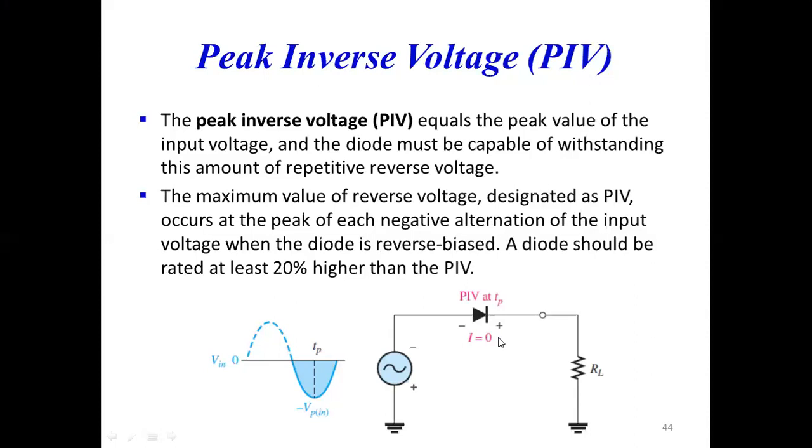So your diode rating should be compatible with that input signal. Typically, your diode rating should be 20% higher than the input applied. That is the peak inverse voltage, the maximum inverse voltage which will be applied to a diode, and your diode should not get damaged by that voltage.